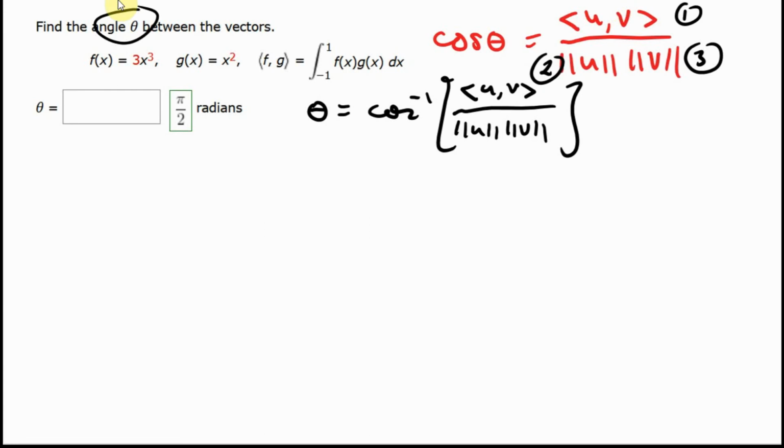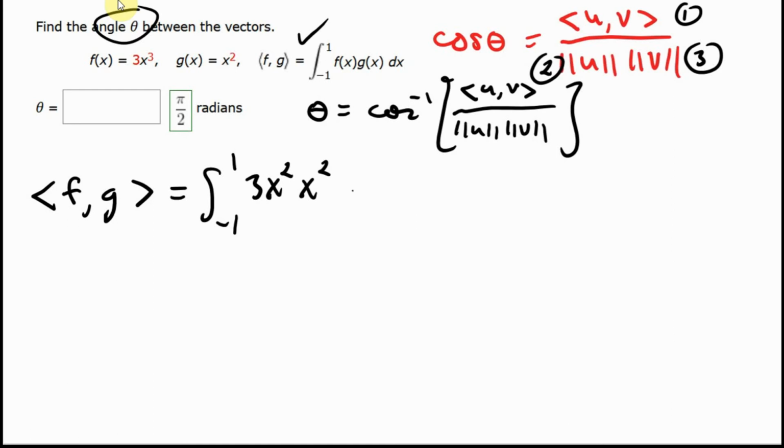So let's find the inner product first. The inner product of f and g defined on this interval is the integral from -1 to 1 of 3x squared times x squared dx.